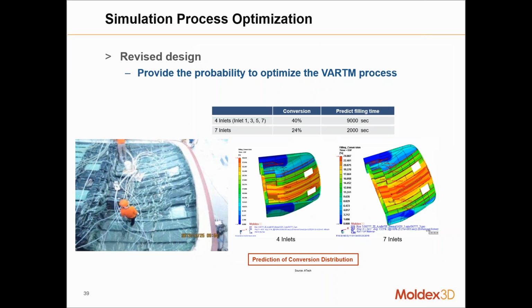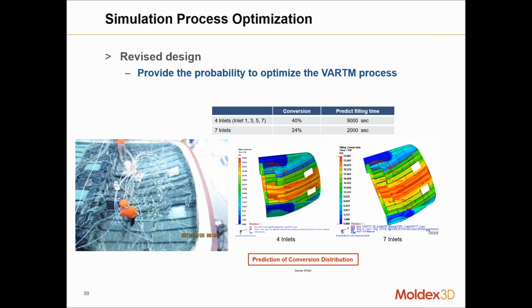The scale is not exactly the same, but with the 7 inlets, we can see that the conversion rate at the end of fill, so when the part is completely filled, the conversion rate is a lot lower, which means the material has yet to cure, but it'll result in more equal cure time from one region to the other.